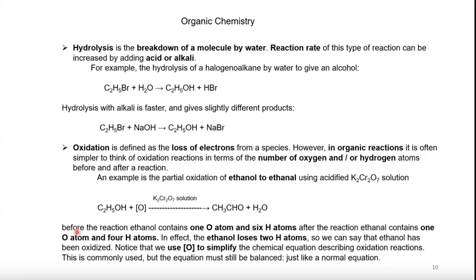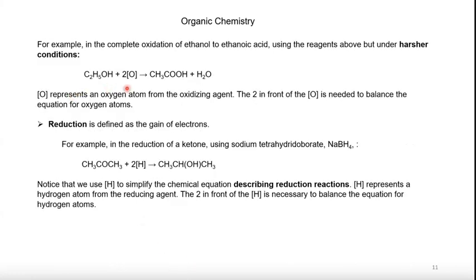Before the reaction, ethanol contains 1 oxygen atom and 6 hydrogen atoms. After the reaction, it contains 1 oxygen atom and 4 hydrogen atoms. In fact, ethanol loses 2 hydrogen atoms. So we say that the ethanol has been oxidized. Similarly, notice that there is 1 oxygen here, and in the next slide we show 2 oxygen here, just to see the number of atoms on the left hand side and the right hand side.